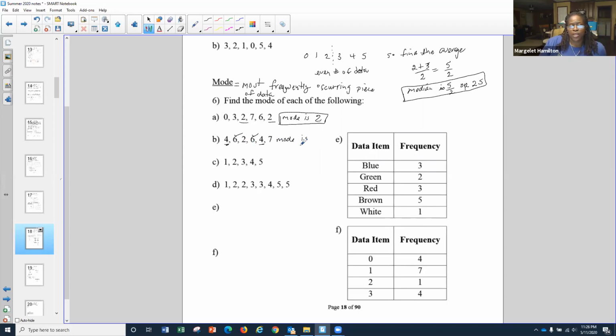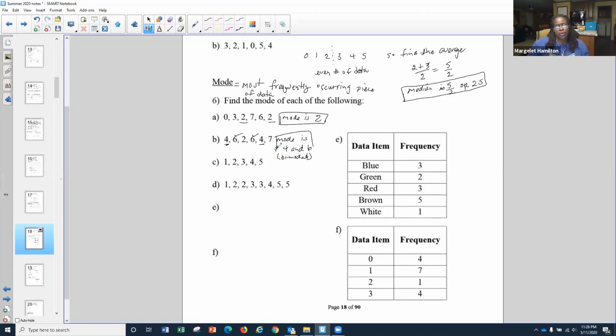So our mode is 4 and 6. All right, so which we call bimodal. So bimodal data. You could have more than one mode.